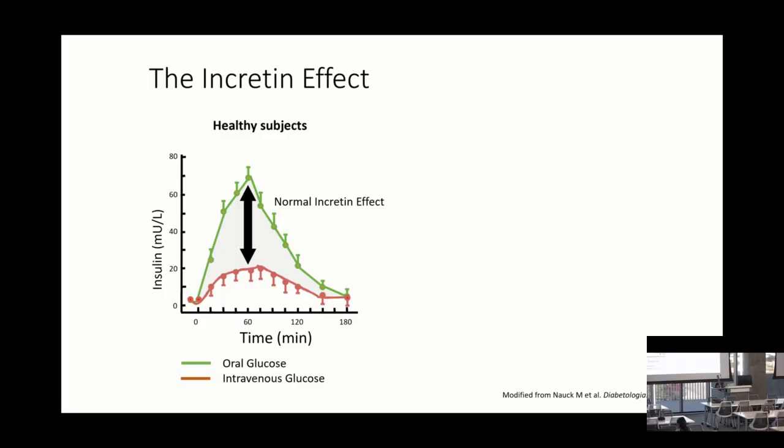They saw that when they gave the same individuals 100 grams of glucose orally, they made more insulin compared to 100 grams of glucose through the veins. It's the same amount of glucose, but because you gave it through the mouth, there was a more pronounced insulin response. So they looked at the gut. That's how they discovered GLP-1 and peptide YY, all the incretins, GIP and all that. They found all those hormones.